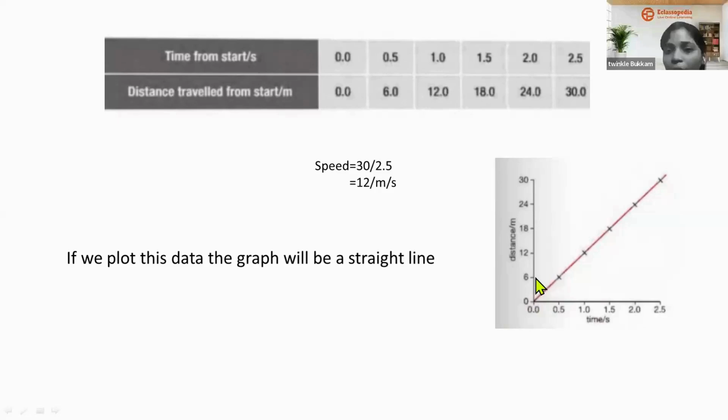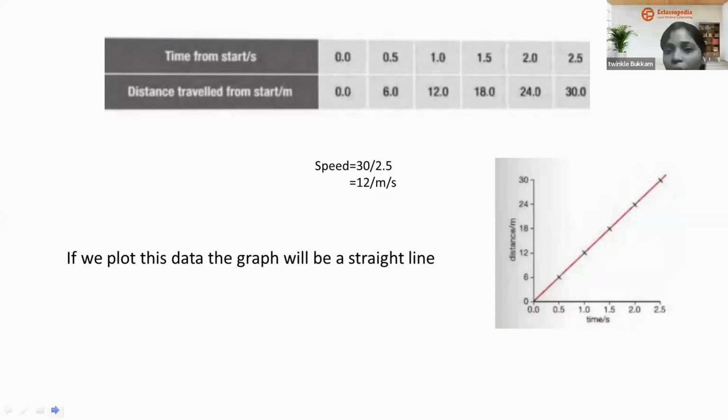Uniform motion means it is covering some particular distance in a fixed interval of time. If we find the slope of this line, we will get nothing but speed. So these are the two ways we can calculate the speed, either using the formula or through the graphical method.